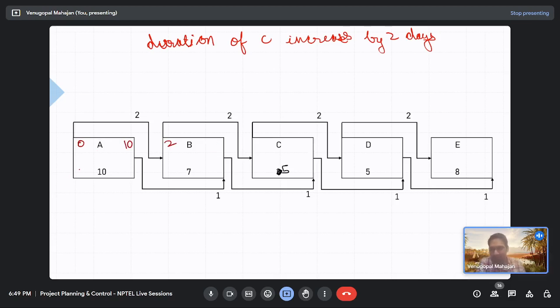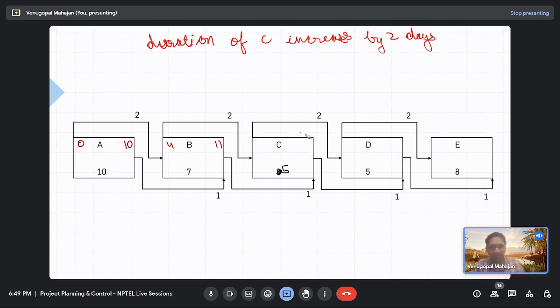It could be, yeah, 11. So 11, 4. What about activity C now? 6 plus 5, 11, or it could be 12. 12, and 12 minus 5, 7, right?